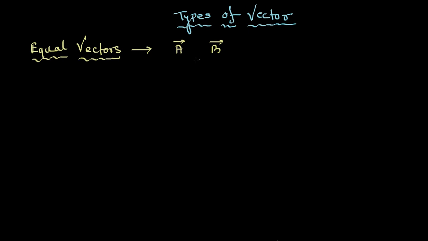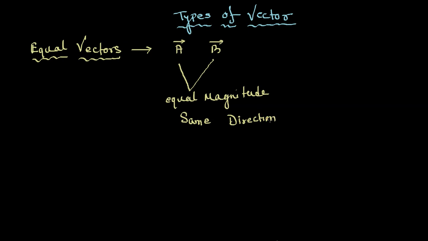These two vectors are said to be equal when they have equal magnitude and the same direction. Then it is said to be an equal vector.